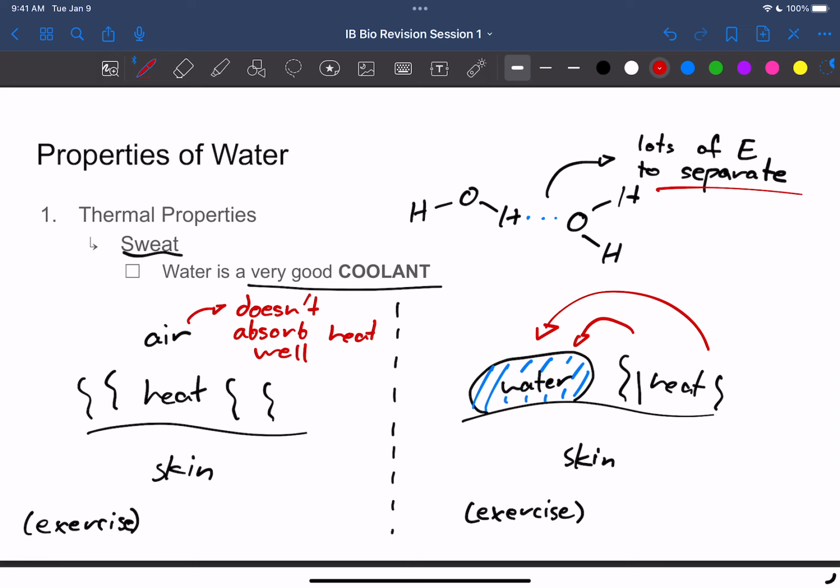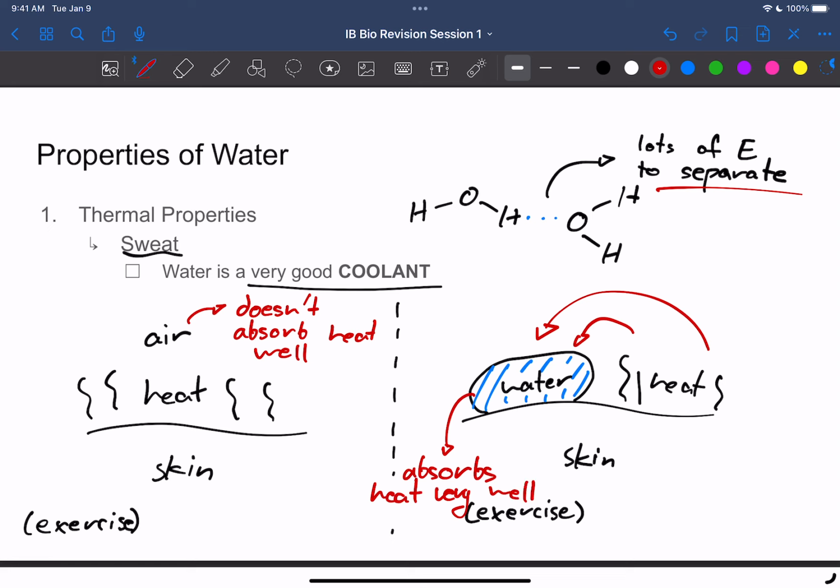So all that energy is going to go there. And water, therefore, absorbs energy or heat very well. And that makes water a very good coolant.